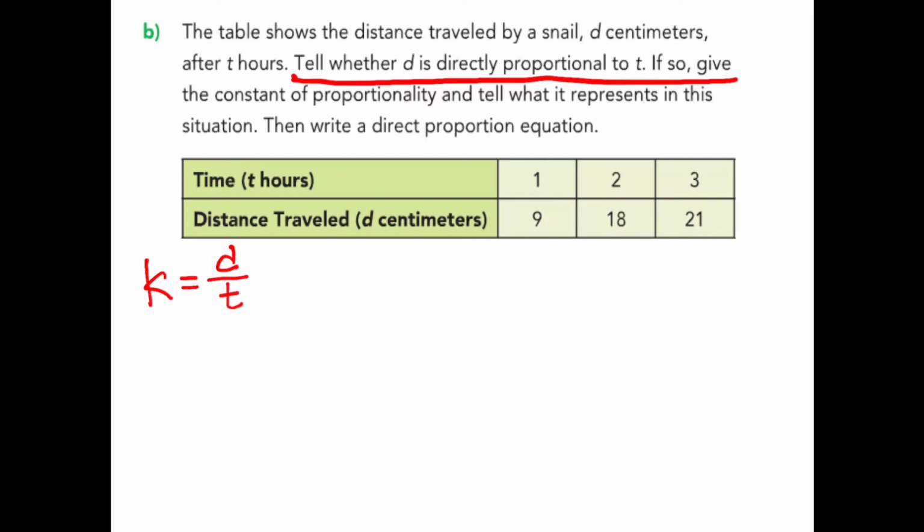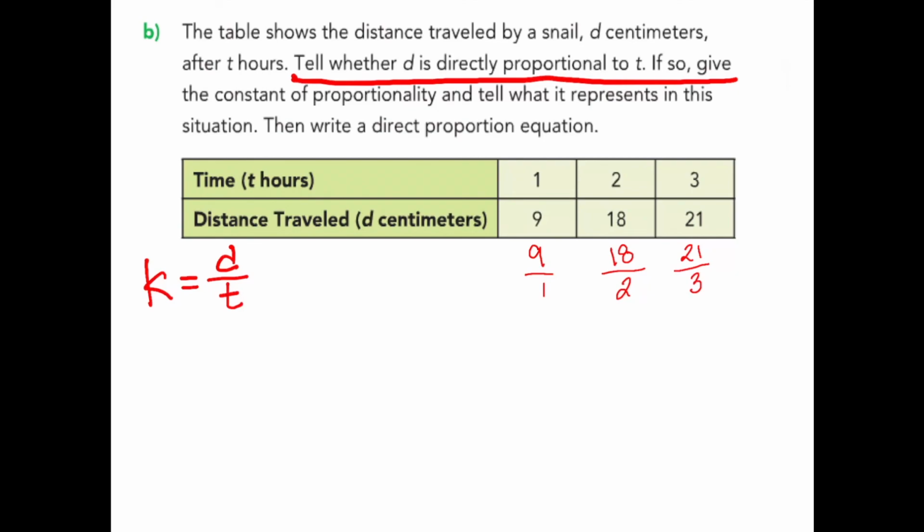So I write my ratios. I have 9/1, 18/2, and 21/3. And I reduce these fractions to their simplest form, an improper fraction form. I don't want mixed numbers.